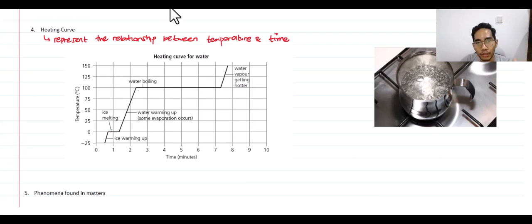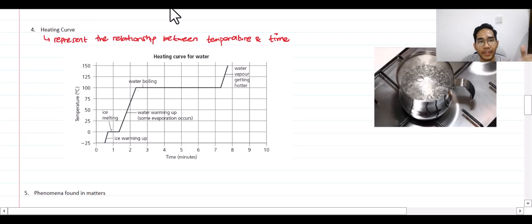So below that temperature, it has to be in the state of solid. So it is ice. Then if we heat the ice, of course, the temperature will increase. Okay? So the ice will warm up. So that's why the curve would look like this. As time passes by, the temperature goes up.